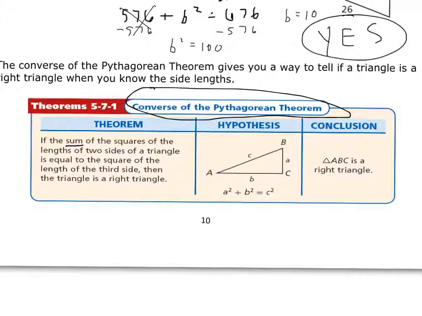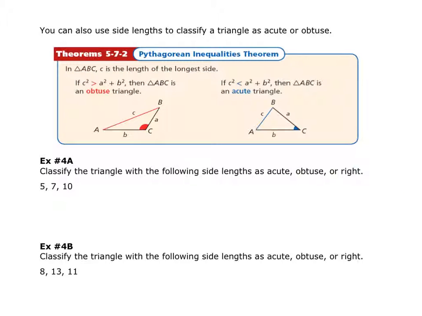So basically, if you take the length of each of your side lengths and square them, and it's equal to the hypotenuse's square, then you know that it is a right triangle. Okay, so let's go ahead and look at it.